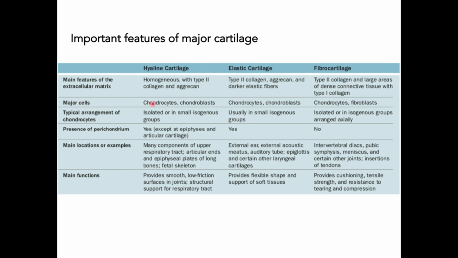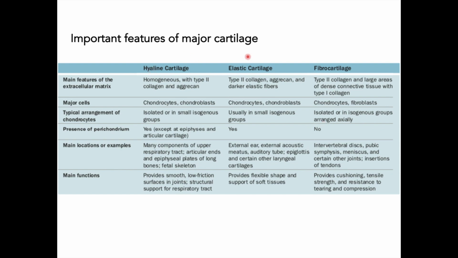And major cells are your chondrocytes and chondroblasts. Itong fibrocartilage natin, since meron pa ding fibrous tissue, fibroblast, okay? And the typical arrangement, again, itong sinasabi natin, isolated or in small isogenous groups. So, same cell ng hyaline and elastic cartilage, except ito, usually arranged axially or in linear formation.